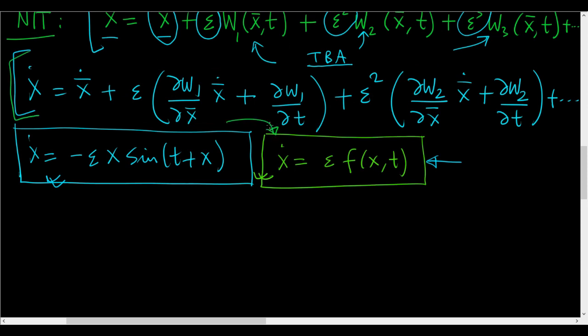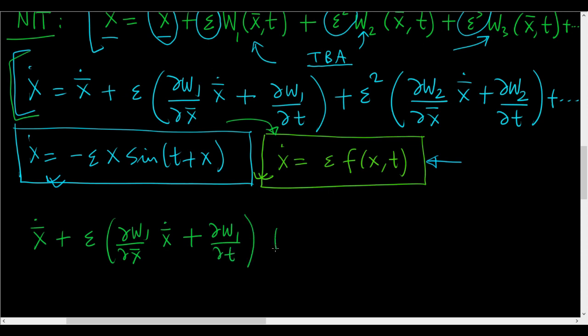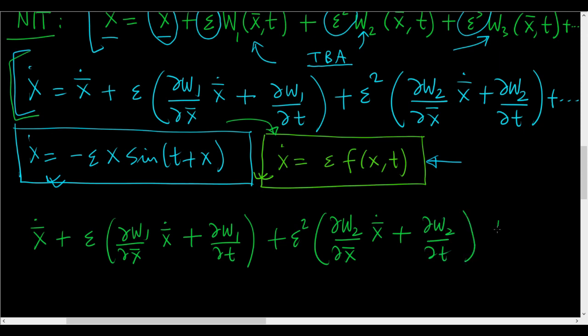We do that. What do we get? On the left side we get x bar dot plus epsilon del W1 del x bar dot plus del W1 del t plus epsilon squared del W2 del x bar dot plus and so on is equal to epsilon f, and here the fun begins.